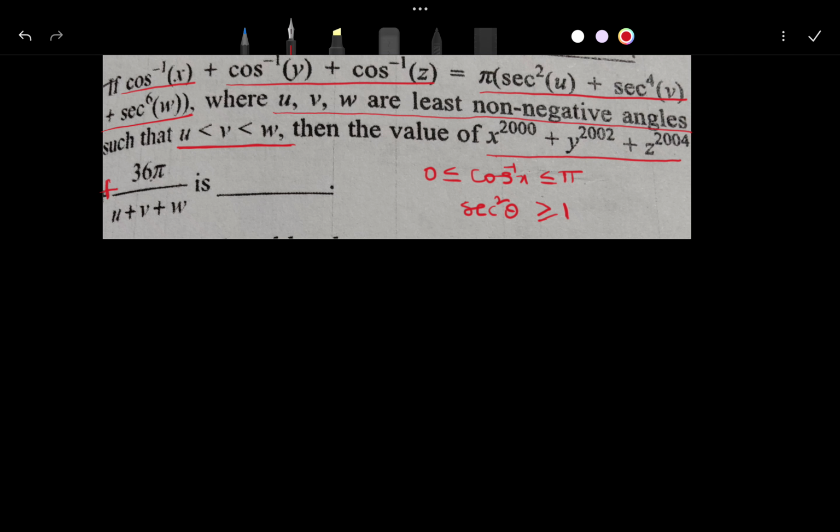Now here, by using the first result, cos inverse x plus cos inverse y plus cos inverse of z is always less than or equal to 3 pi.